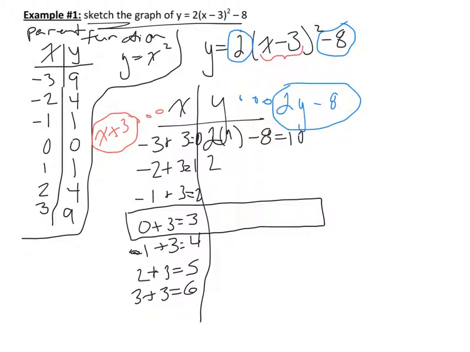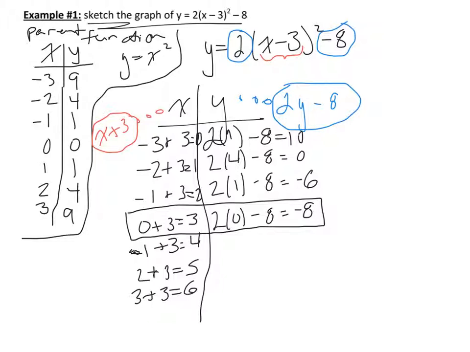I'm going to do 2 times 4 minus 8, which gives me 0, and then 2 times 1 minus 8, so that's -6, and 2 times 0 is 0 minus 8 is -8.